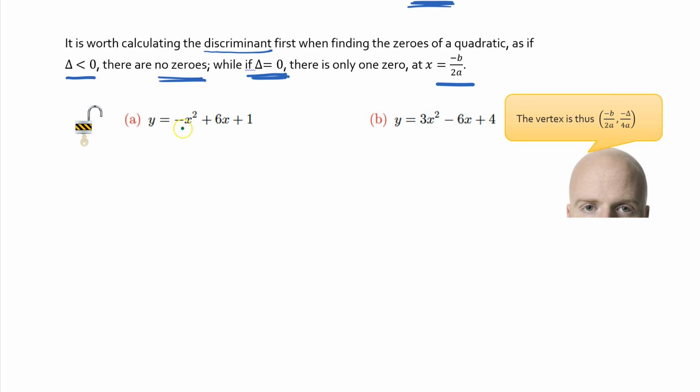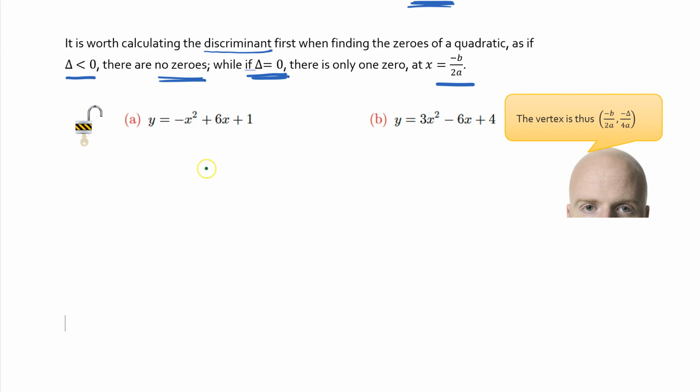For our first example, we glance at this and we can see it's a parabola which is concave down. We could rearrange, complete the square, and see whether we had roots or not by looking at where the vertex is. But it's probably quicker just to initially find the discriminant.